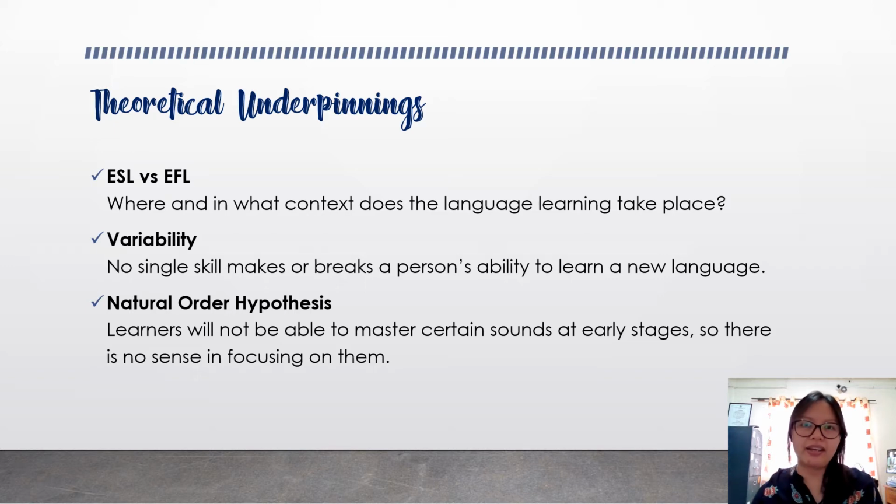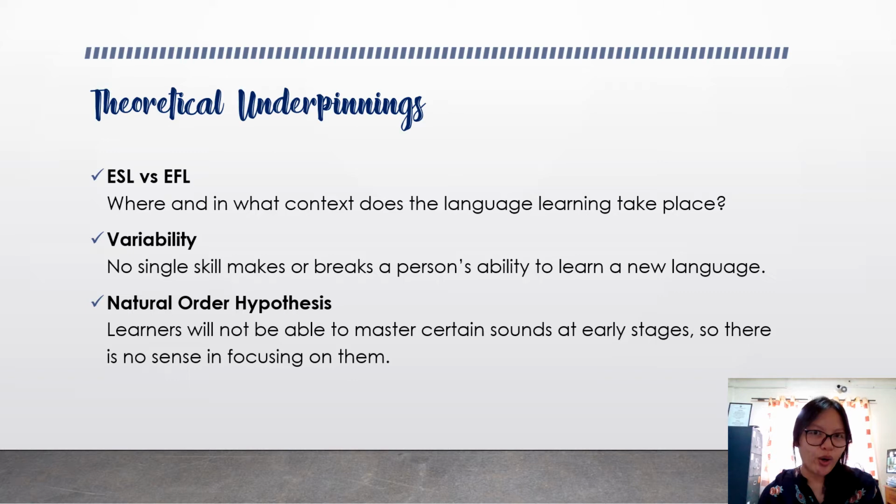Next is variability. Variables, we already discussed and considered some of the SLA variables. But basically, when we say variable, we mean the differences, okay? No single skill makes or breaks a person's ability to learn a new language. How old is the person learning a language?